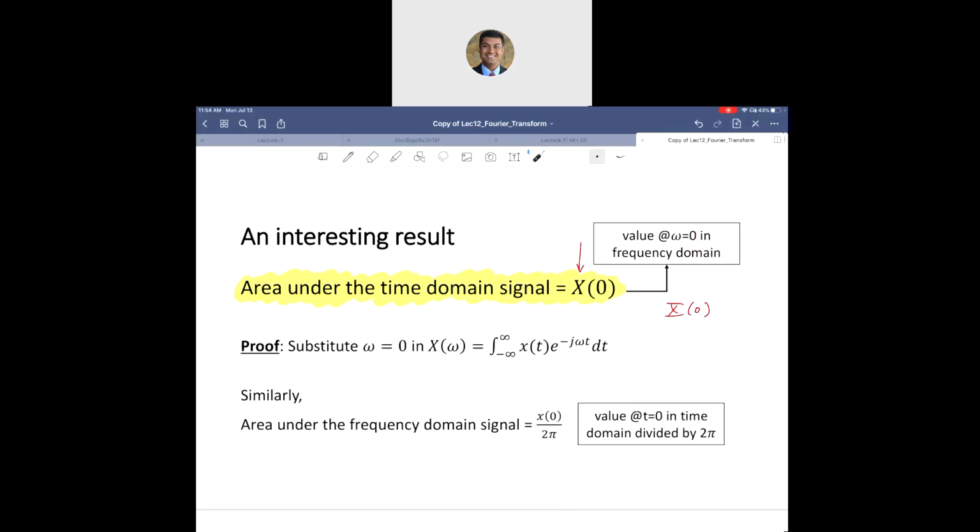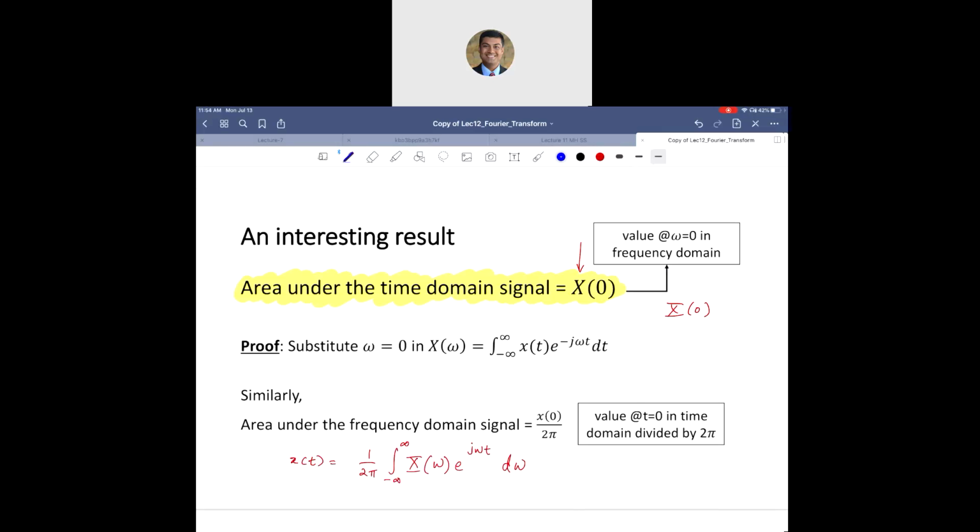Also, if you look at it from the other angle, which is the inverse Fourier transform, the area under the frequency domain signal will be the value of the signal in the time domain at time 0, times 2 pi. You have to remember the 2 pi here. This is again from the definition: x of t equals 1 over 2 pi integration negative infinity to infinity X of omega e to the j omega t d omega.